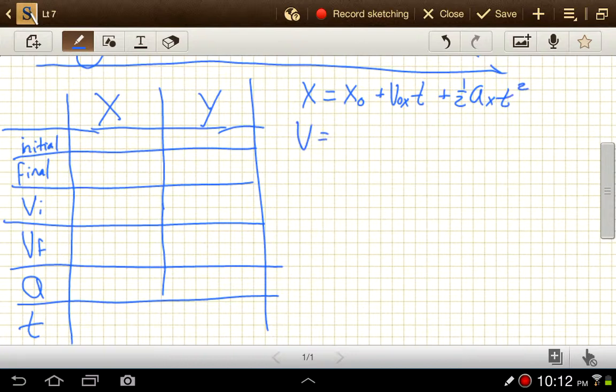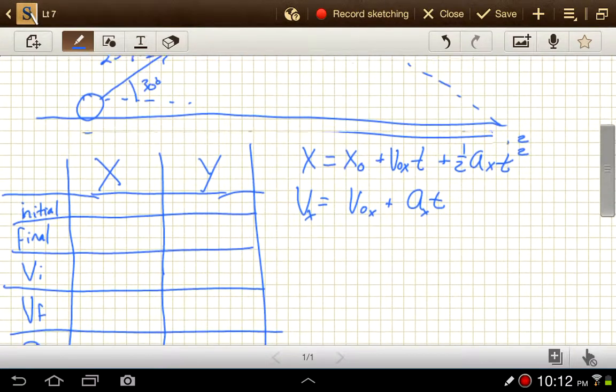Velocity at any moment in time is equal to the starting velocity plus the acceleration times the time. And if we wanted to go x direction, we could just add some x subscripts there. We could also do the y direction with these same things.